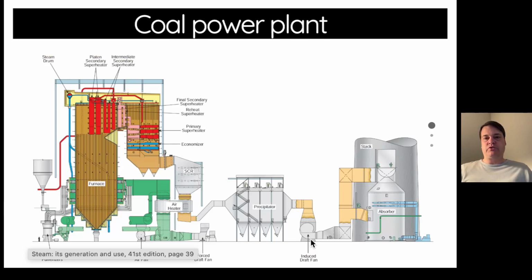And then you have an induced draft fan to pull the gases through the unit and force them up the stack. The gases are hot, so there is a significant buoyant effect that helps draw the flow through, and that buoyancy depends on the height of the stack. But there's an induced draft fan to increase that flow rate. Then the gases go through absorbers for sulfur removal, and then they'll be fed into the stack where they're vented to the atmosphere.